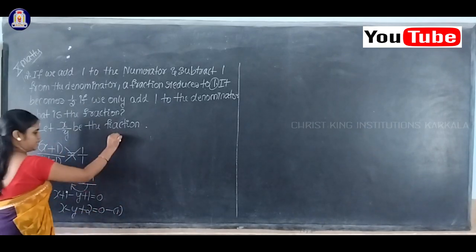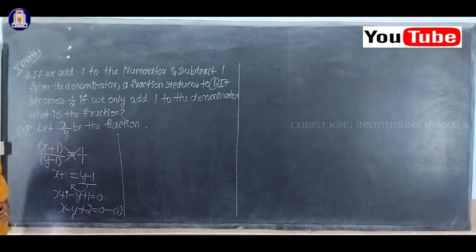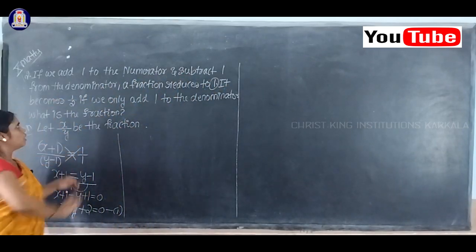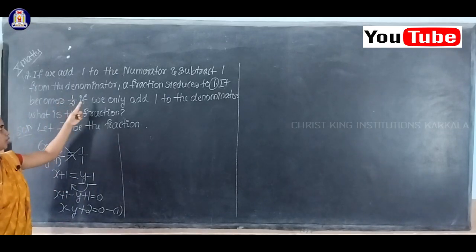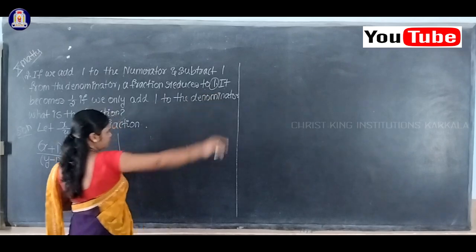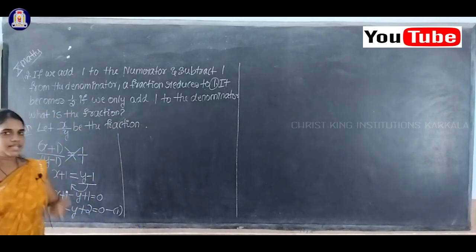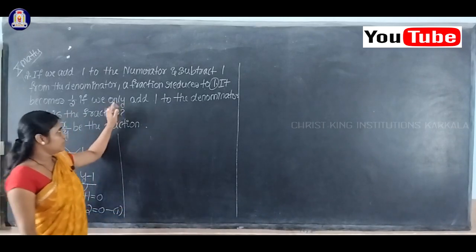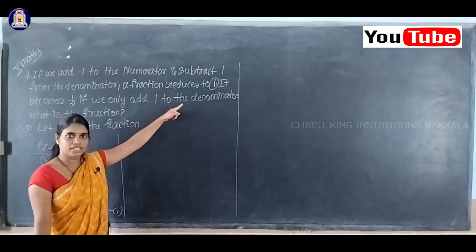Okay. By the same way, we'll see the second condition. See here, it becomes 1 by 2 if we only add 1 to the denominator. Okay. So in the second case, they did not discuss the numerator. Have they given any condition for the numerator?